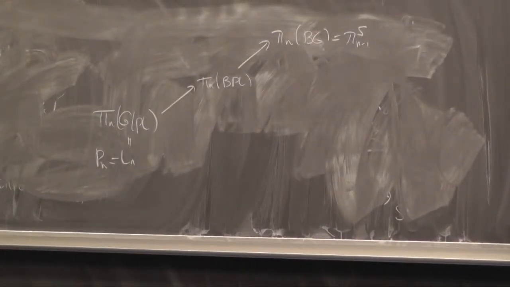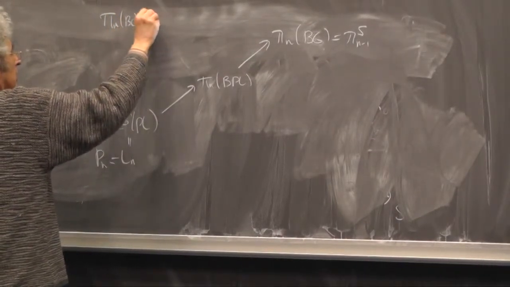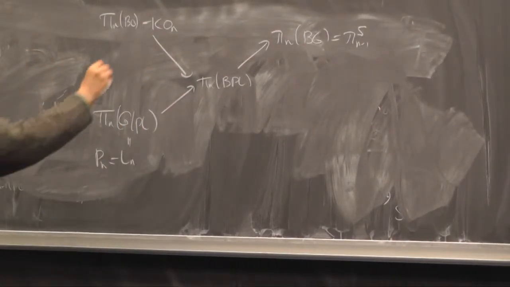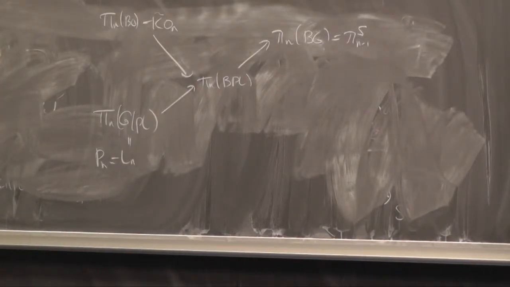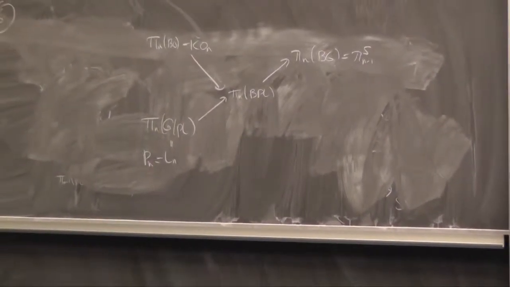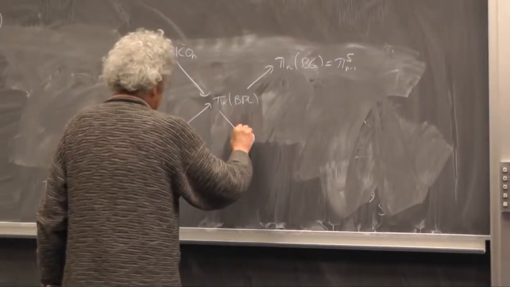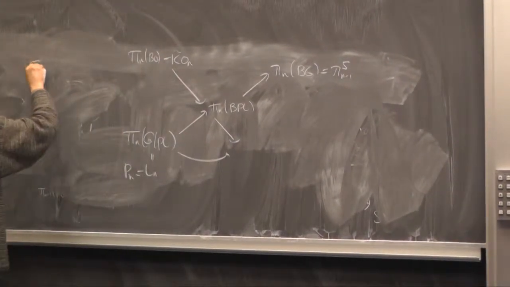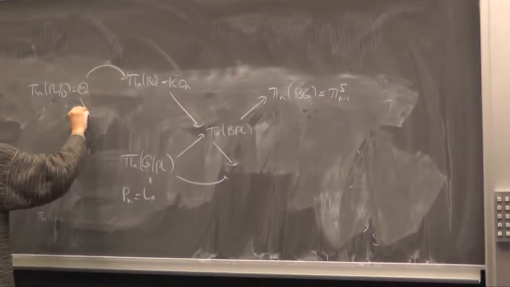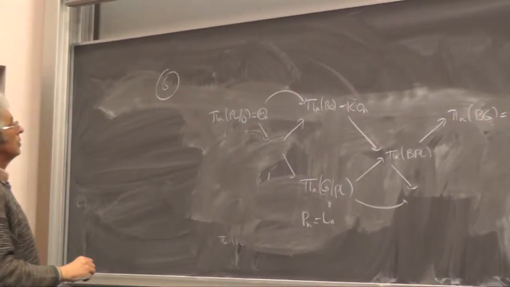Now, pi_n of BO, these are of course the KO groups, possibly reduced or something like that. But that has to do with topological K-theory of vector bundles, the kind of things for which there's Bott periodicity. So in the late 50s it was well known thanks to Bott. These are the groups which I'm claiming without much proof, today at least. And then what's left over here is pi_n of G/O.